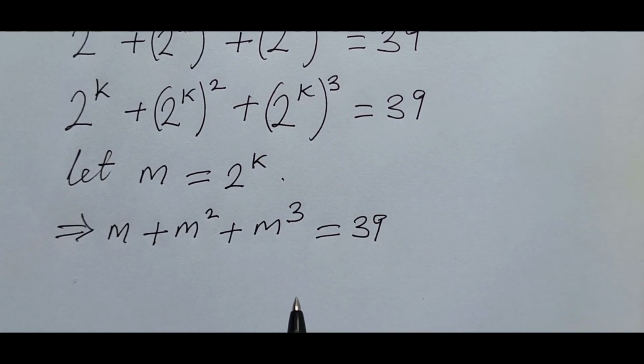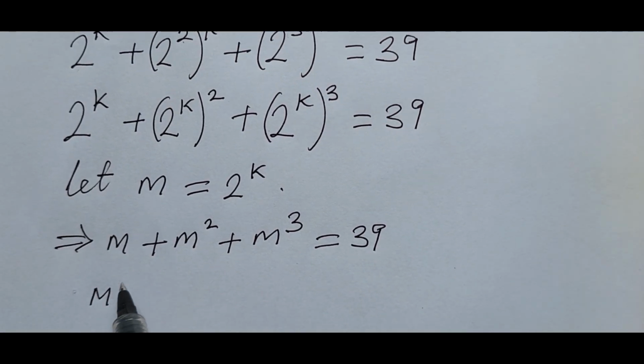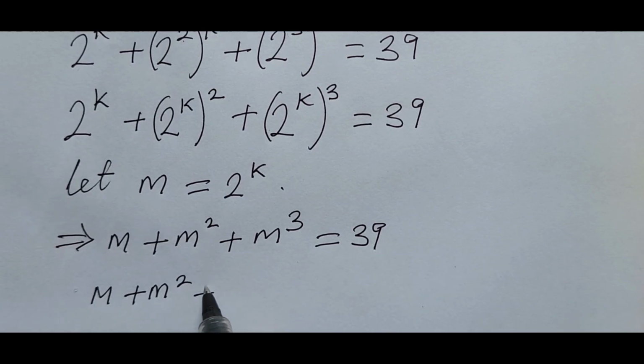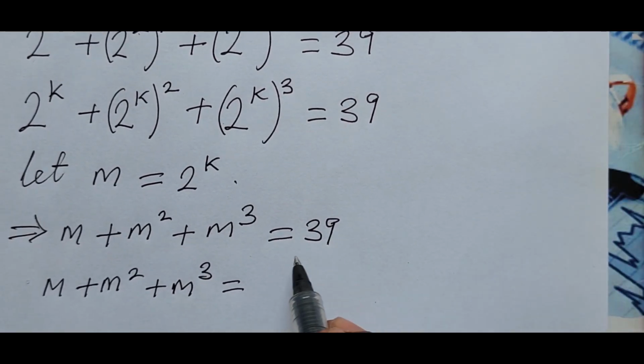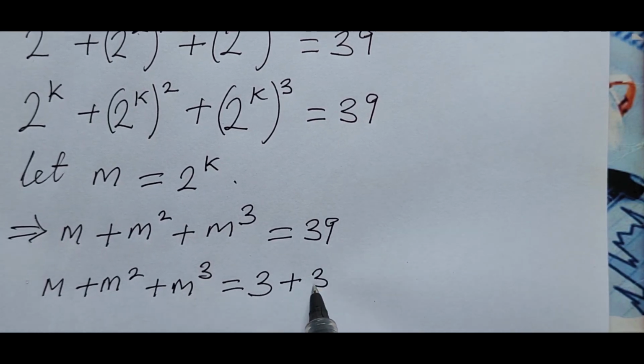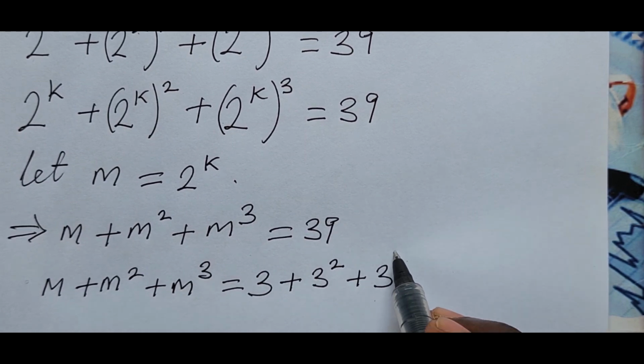So we can rewrite this side of this equation. So this is going to give us m to the power of 1 plus m to the power of 2 plus m to the power of 3 equal to 3 to the power of 1 plus 3 to the power of 2 plus 3 to the power of 3.